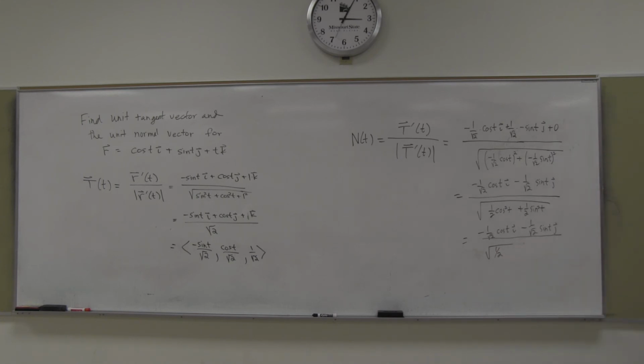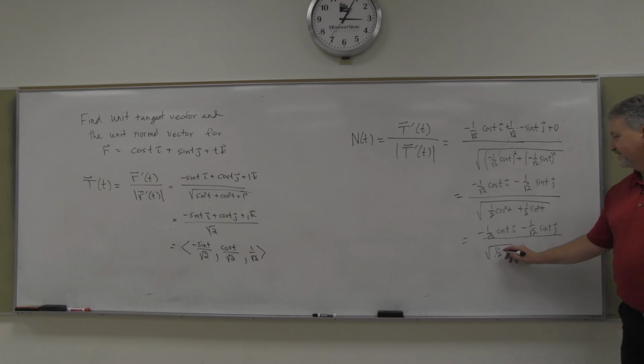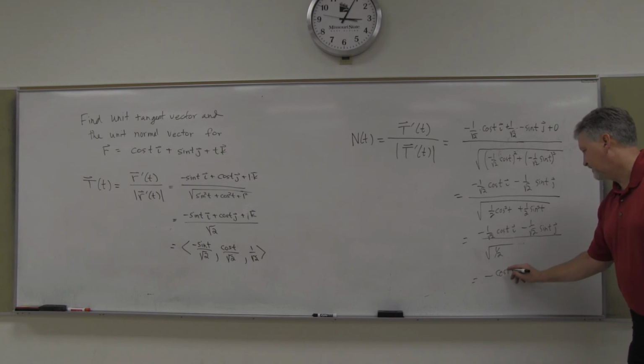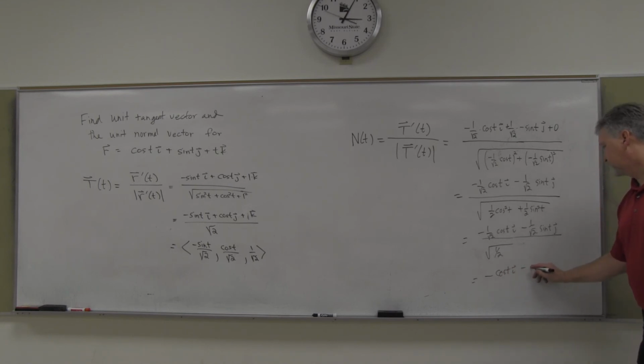So hey, look at that. Isn't that 1 over square root of 2? So we'll have negative 1 over square root of 2 divided by 1 over square root of 2. That's just going to be negative cosine t i minus sine t j.